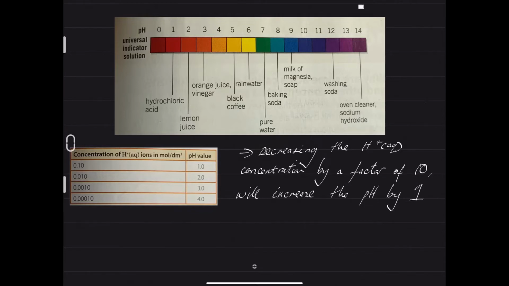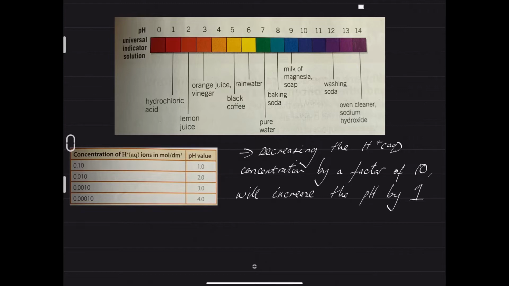So what we're saying is that we can also look at it in the reverse way as well. We can say that as the concentration of H plus ions increases by a factor of 10, the pH value decreases by 1. So it doesn't matter which way you look at it, as long as you understand that there's an order of magnitude here that we're looking at, and that it affects the pH value.